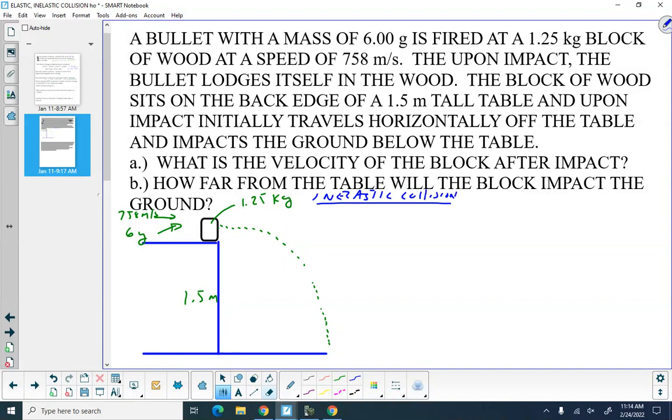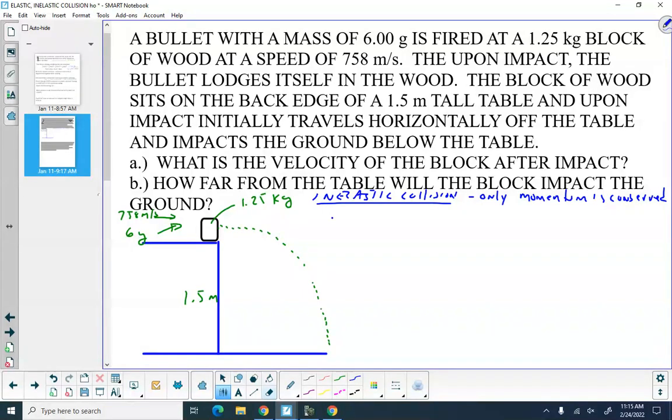If it's an inelastic collision, the only thing that's being conserved is momentum. Kinetic energy is not being conserved here. So only momentum is conserved.